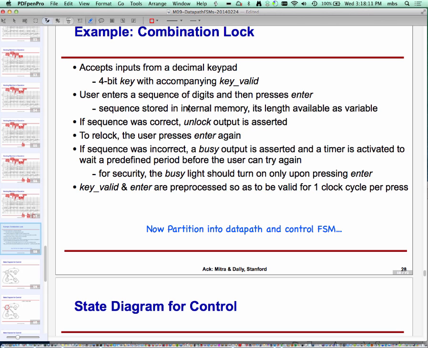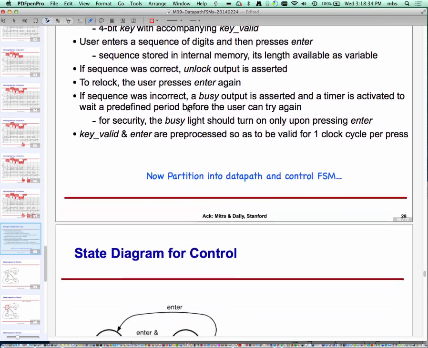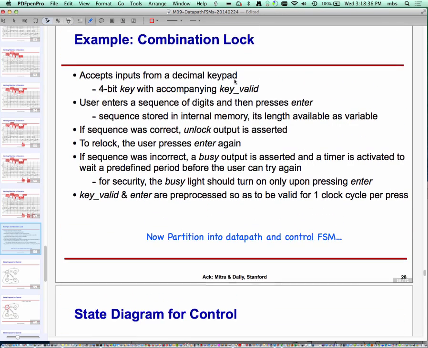Unlike the homework where the user code is three numbers, here it could be any number of numbers, but the length is given to you as another variable. So it could say, my code length is 7, so then you have to check 7. If the sequence is correct, the unlock output is asserted.